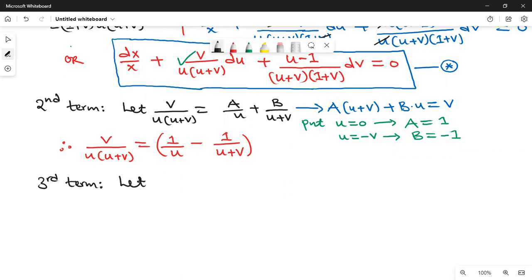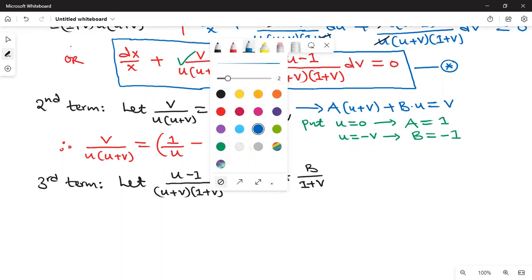You say let u minus 1 over u plus v, this is multiplying 1 plus v, be equal to a over u plus v added to b over 1 plus v, of which if you multiply both sides by the LCM, let me use another color.